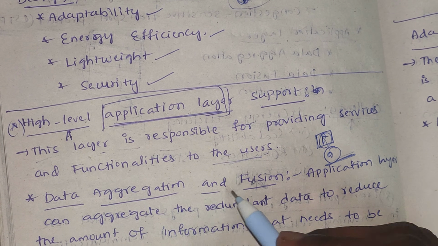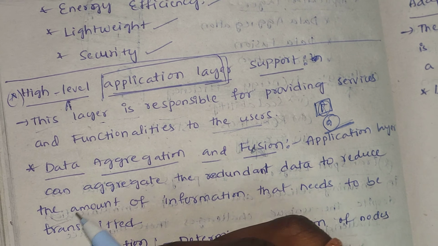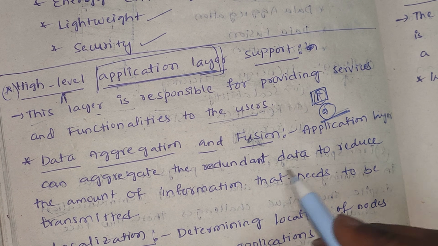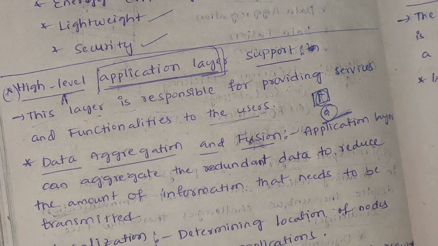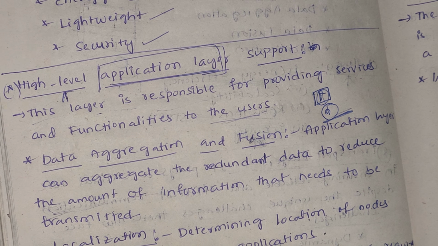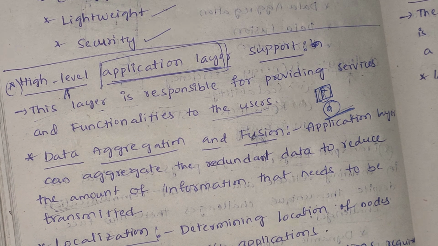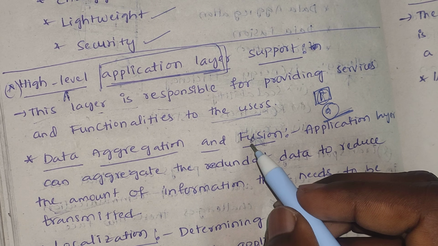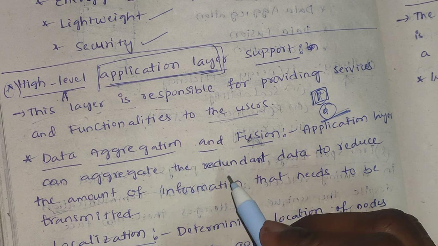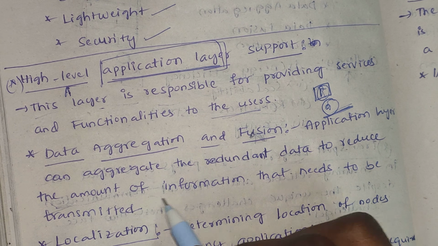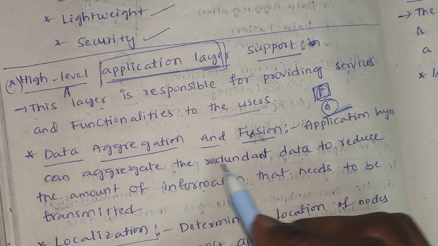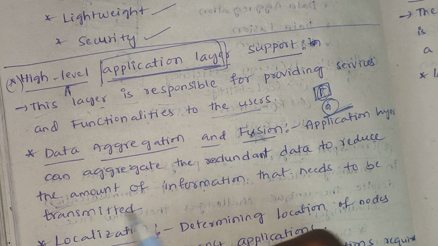Next, data aggregation and fusion. The application layer can aggregate redundant data to reduce the amount of information that needs to be transmitted.